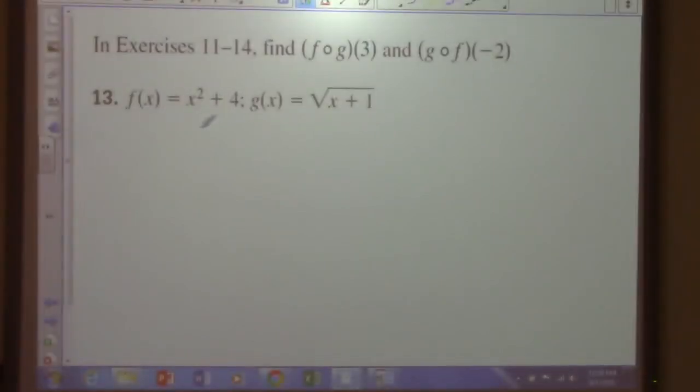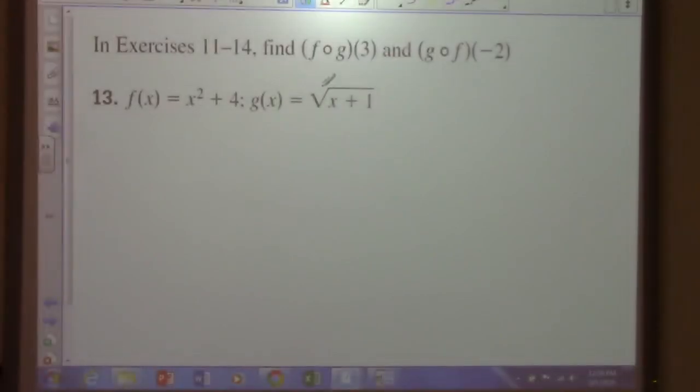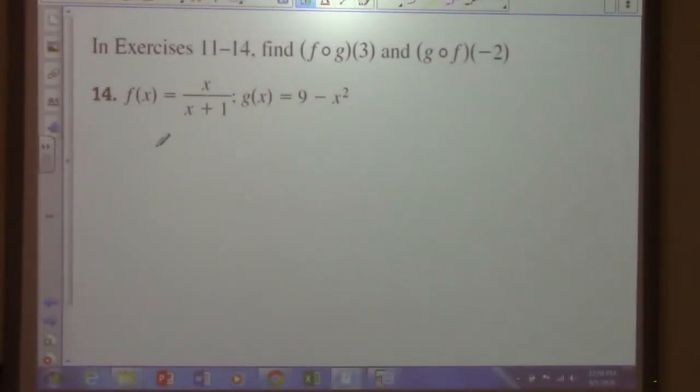In one of these, I think you get 8 for f of g of 3, right? Yeah. And for the other one, you get 3, right? That's what I got. g of f of negative 2 equals 3. This one here, f of g of 3 is going to be 0, right?